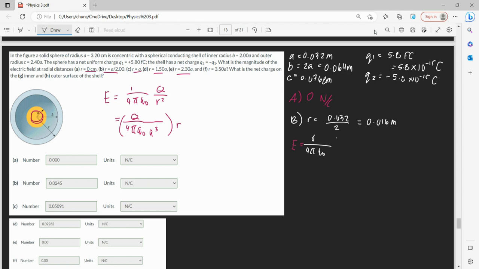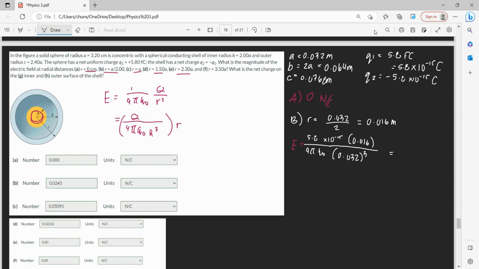Our q will have 5.8 times 10 to the negative 15. So this is our q1, so it's only enclosing q1. This is times a, 0.032 cubed, and multiplied by our distance. So this is going to give us 5.8 times 10 to the negative 15 times 0.016.